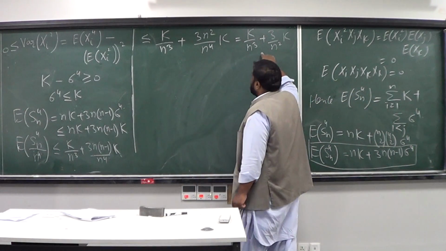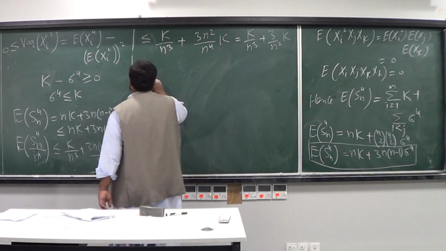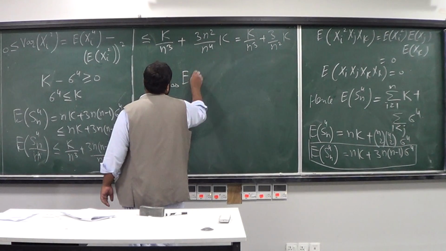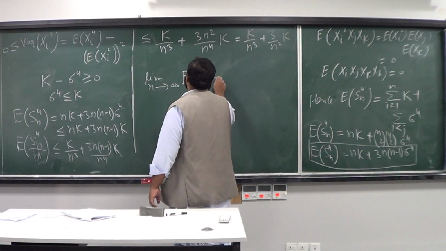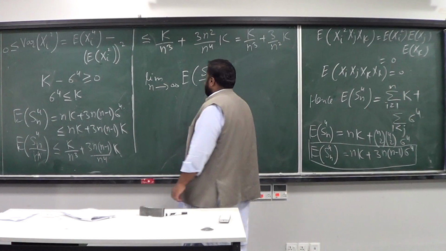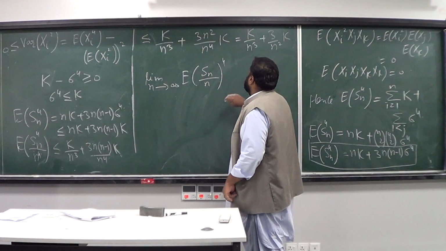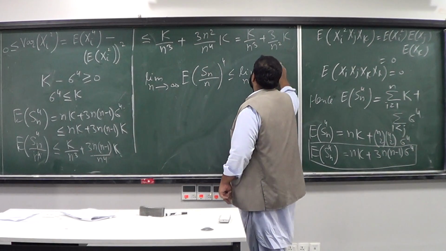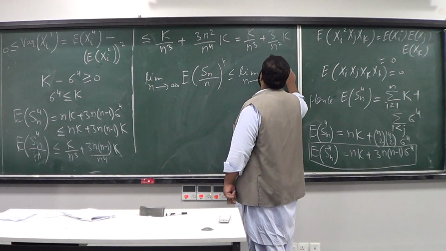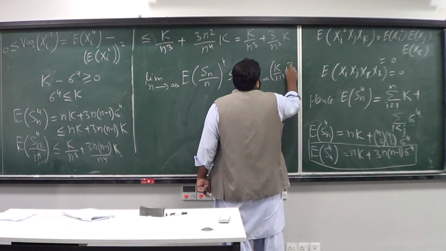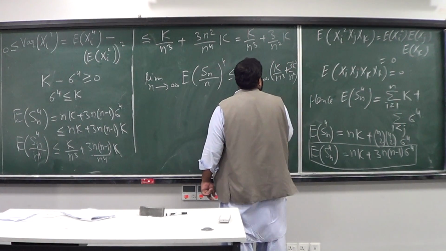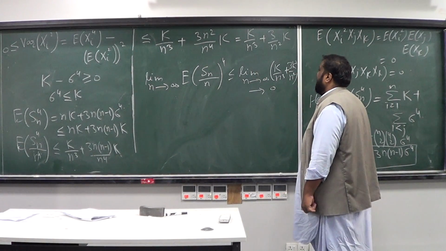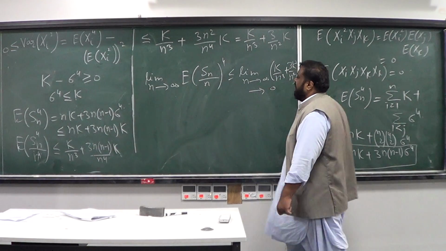On this inequality, if I take the limit as n goes to infinity on both sides, the expectation of Sn to the power 4 over n to the power 4 is less than or equal to the limit as n goes to infinity of k over n cubed plus 3k over n square. This goes to 0, so this is less than or equal to 0.